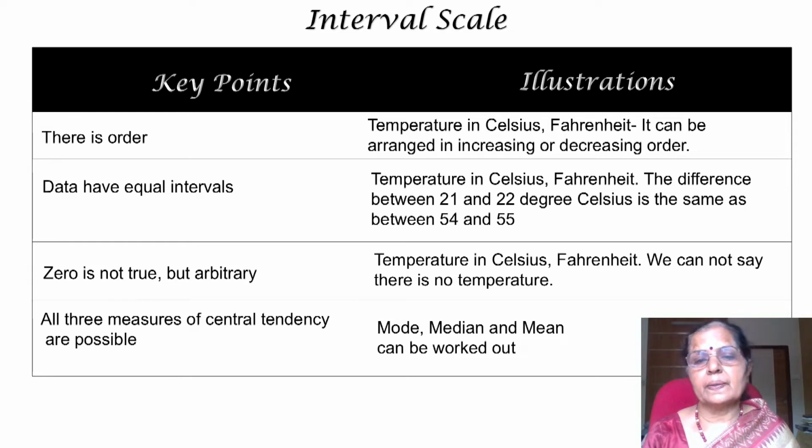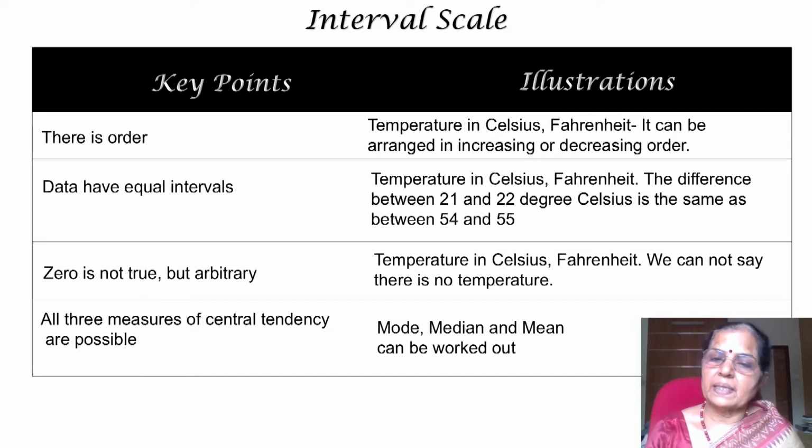And now the third scale is interval scale. This scale is higher than ordinal and nominal scale, but lower than ratio scale. Here in interval scale, in addition to natural order, the data will have equal intervals, but still there is no absolute zero. For example, the scores in a MCQ test. We know there is order. We know the difference between the scores 20 and 21 is the same as the difference between the scores 95 and 96.